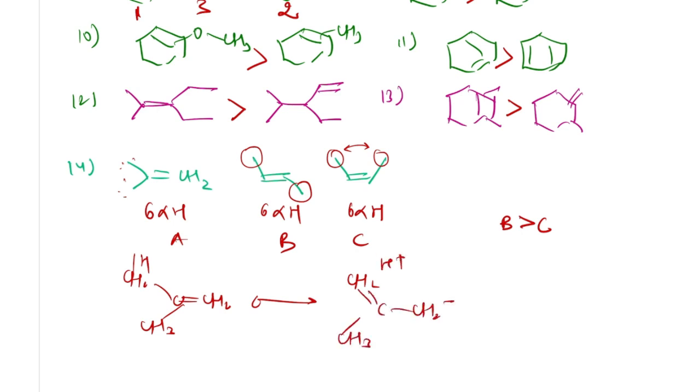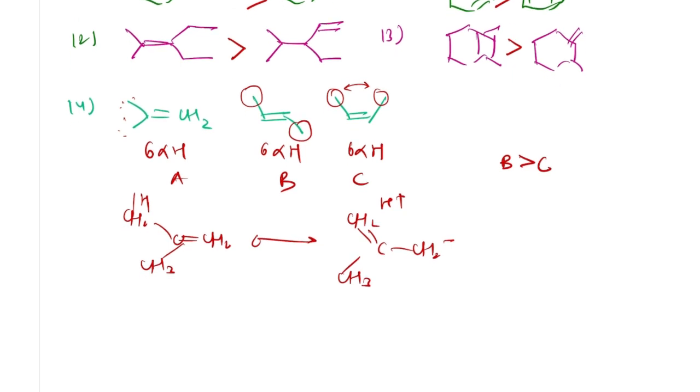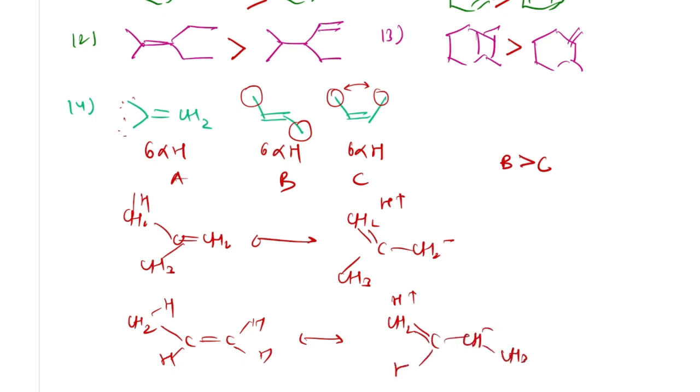Now here we have CH2, H, C triple bond C, H, H, H. Whenever it has resonance, H plus, CH2 double bond C, CH negative, CH3 and H. So which carbanion is stable? This is carbanion of A and this is carbanion of B. So in hyperconjugation, we know carbanion of A is more stable than B. So stability of A will be more than B and C.